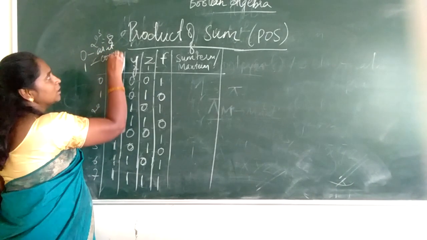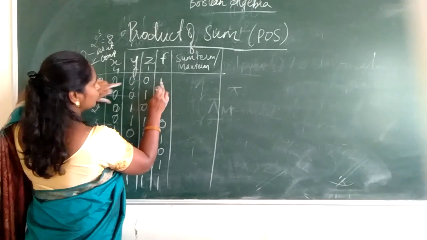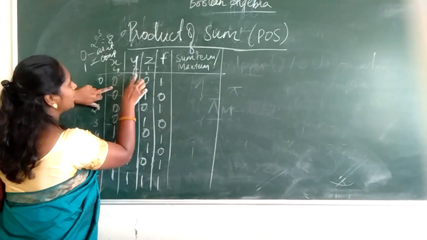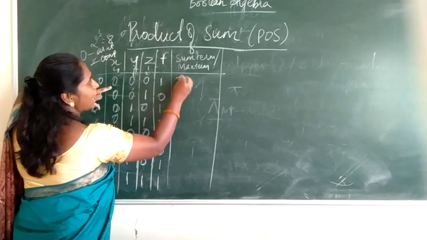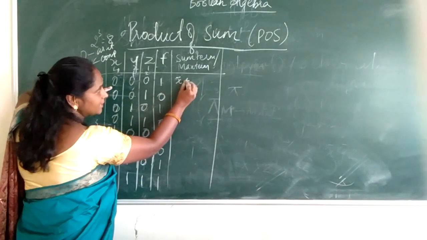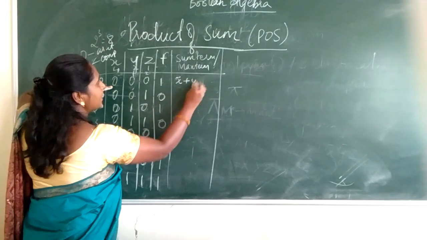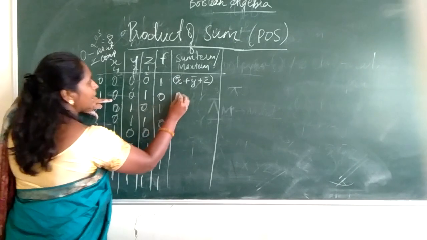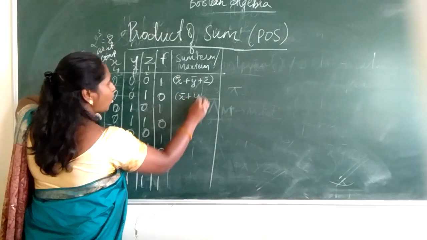So here, x, y, z. For example, x bar plus y bar plus z bar, each literal should be summed, and then x bar plus y bar.